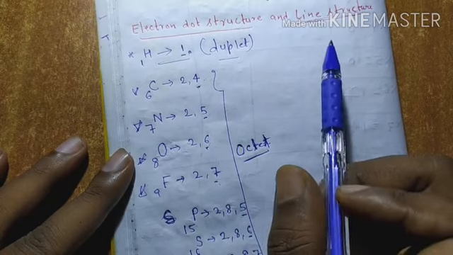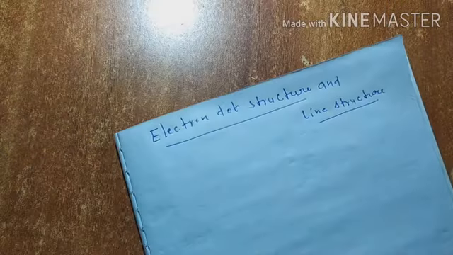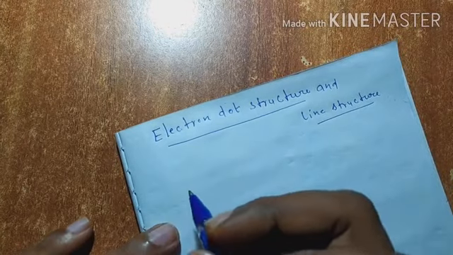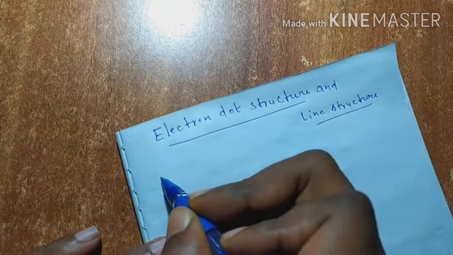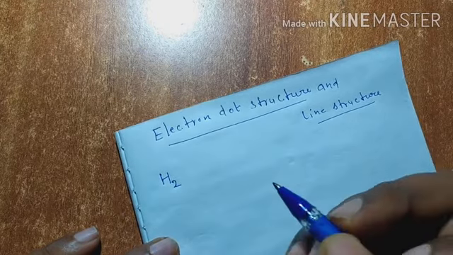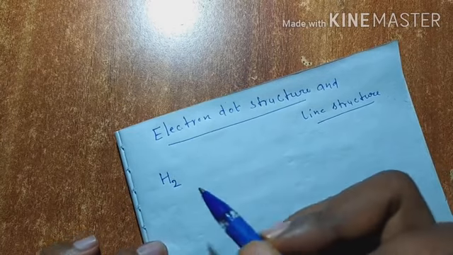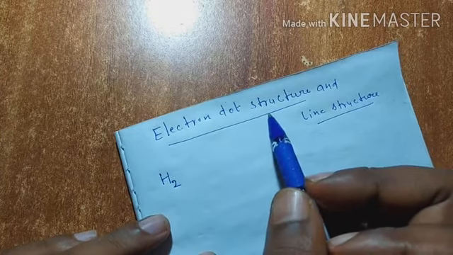Draw the electron dot structure of the hydrogen molecule. If I take the hydrogen molecule here, H2, we will take it in H2 form. What we have to draw is the electron dot structure.